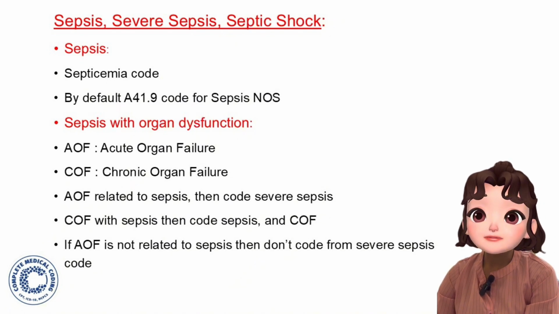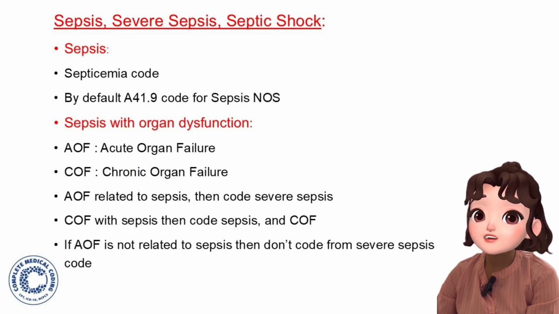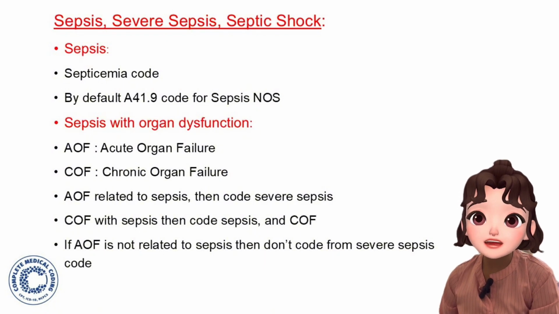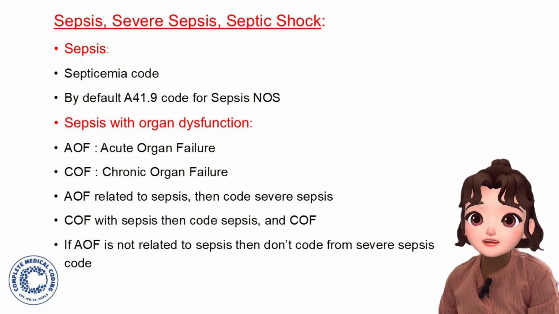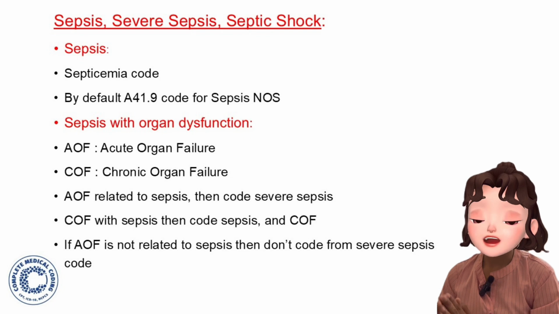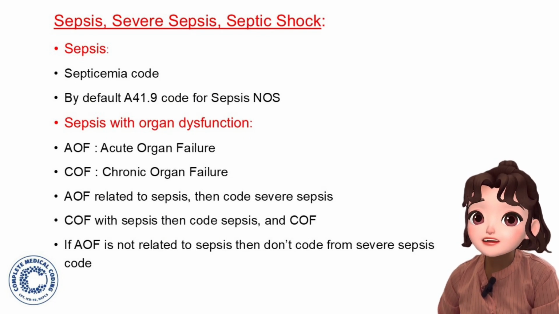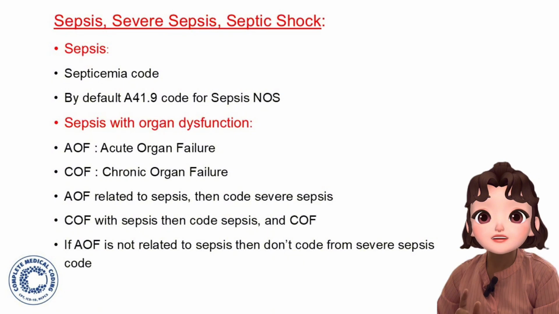Now, if there is sepsis with organ dysfunction, it could be acute organ failure or chronic organ failure. AOF represents acute organ failure, COF represents chronic organ failure.